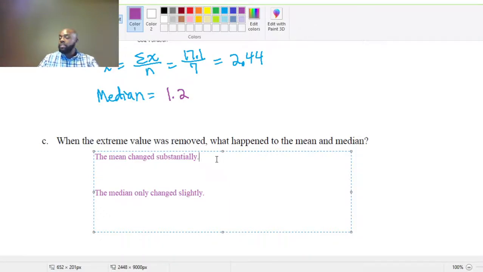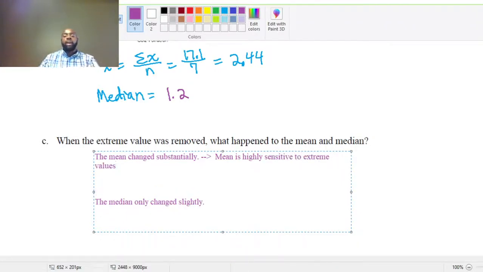And basically what this means is that the mean is highly sensitive to extreme values, right? It went from 4 point something to 2 point something, right? That means it's highly impacted by or sensitive to your extreme values if your data set has extreme values.